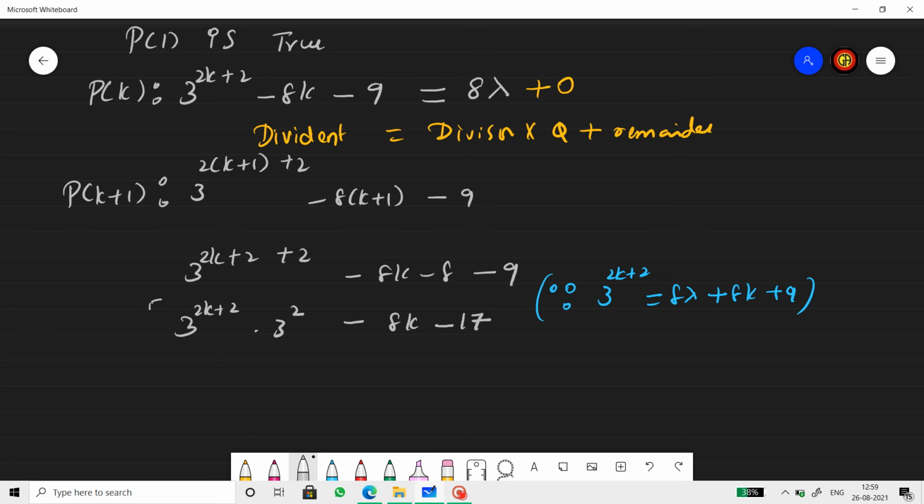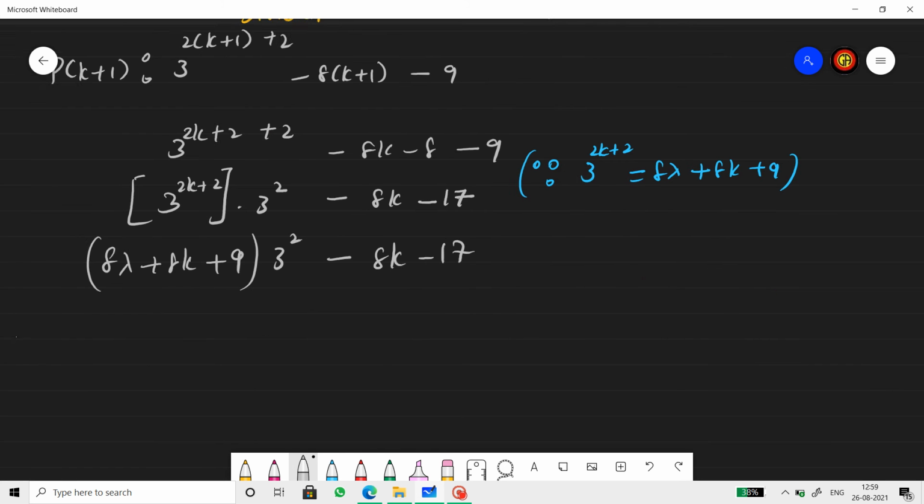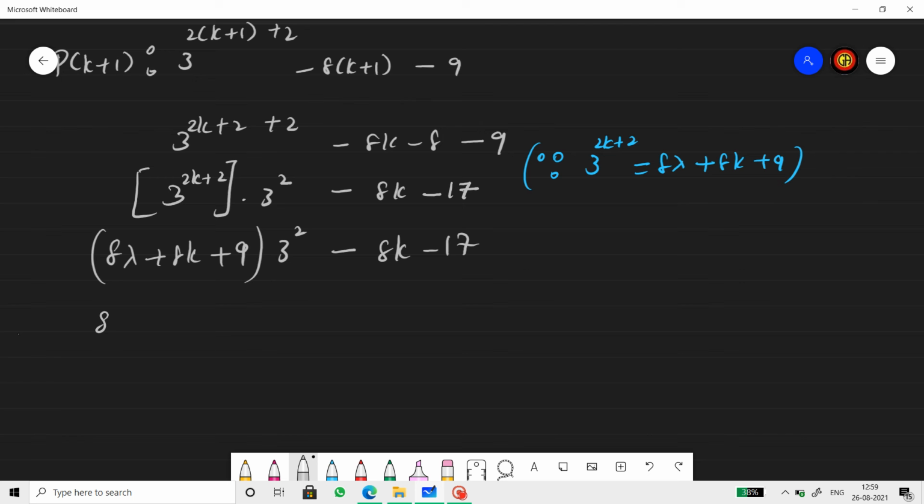Now in place of 3 power 2k plus 2, I'm going to substitute that. So 8 lambda plus 8k plus 9, into 3 square, the bracket is very important, minus 8k minus 17. So that is 8 lambda into 3 square plus 8k into 3 square plus 9 into 9, which is 81, minus 8k minus 17.